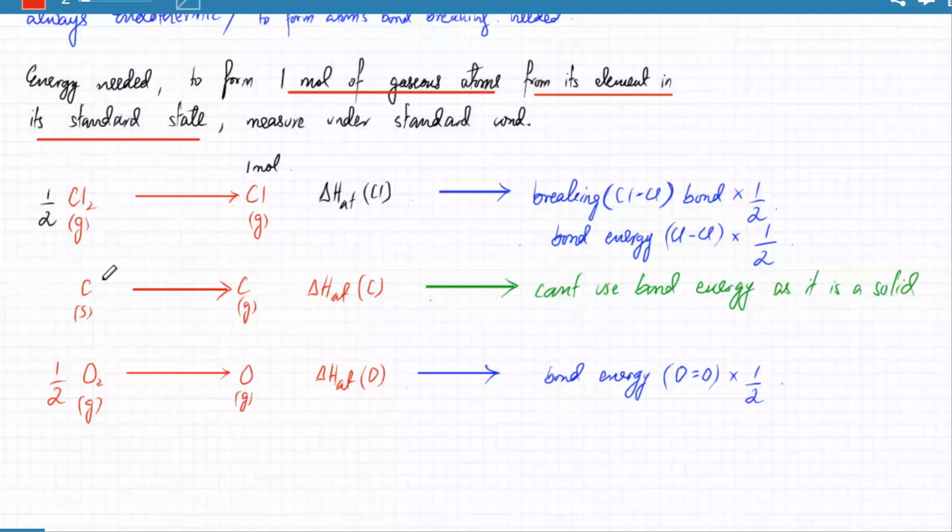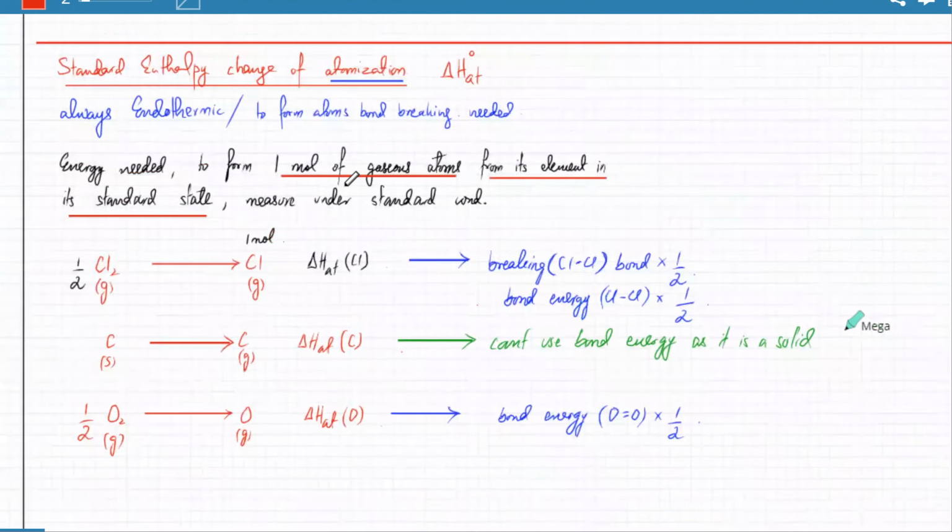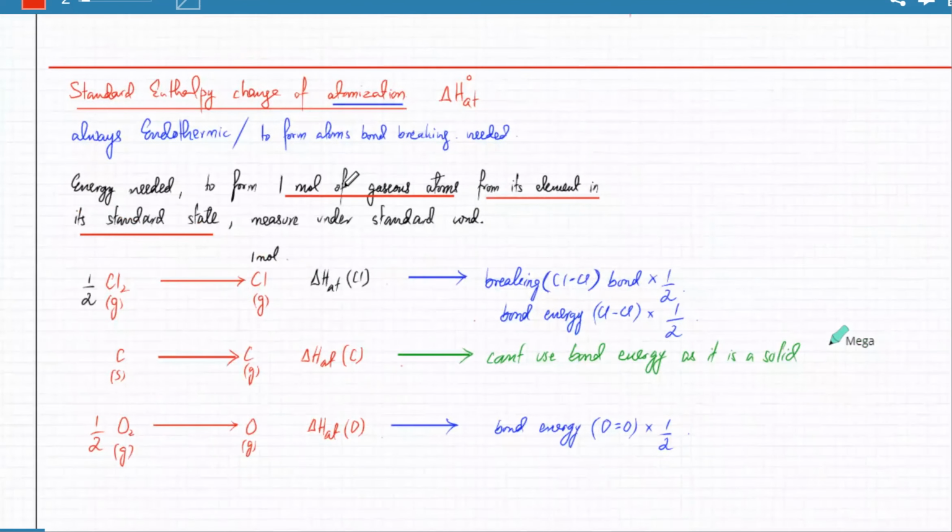So remember, enthalpy of atomization, why would it have a large value? If the bonds are really strong. We did that in bond energy as well. So if the bonds are really strong, then enthalpy of atomization would be very endothermic. If the bonds are really weak, then the enthalpy of atomization is not going to be that endothermic. But it's always going to be endothermic, because you're always trying to break bonds to form atoms.